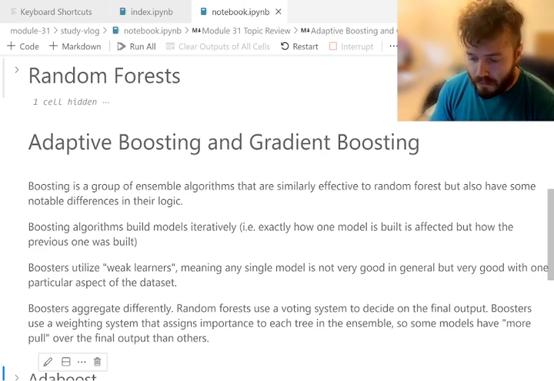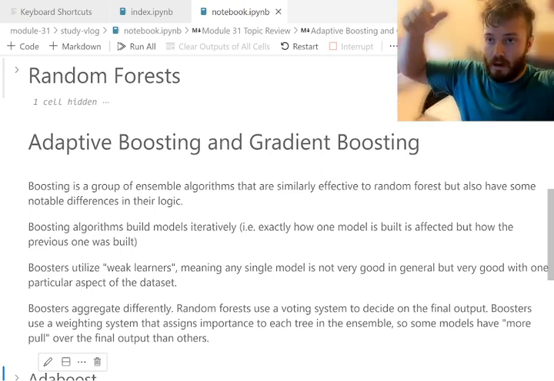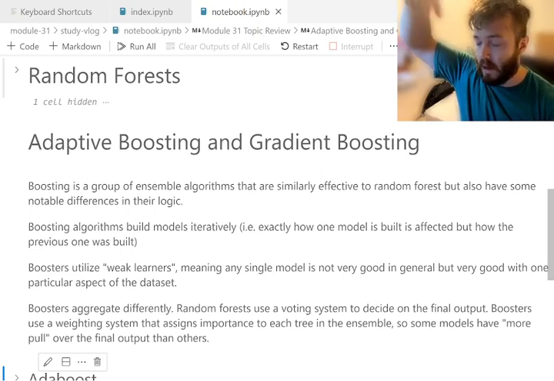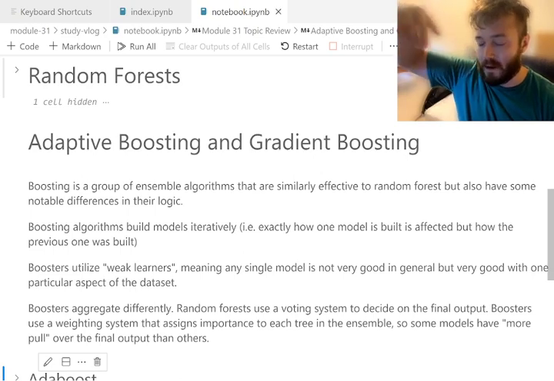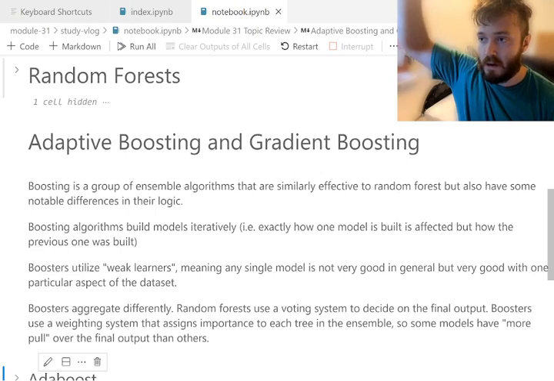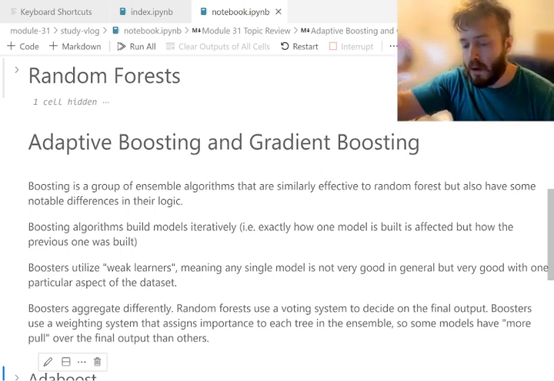under the hood. So one thing is that they build models iteratively. In a random forest, say you have 10 different decision trees, all those trees are being built in parallel at the same time, and what happens in one tree is not affected at all by what happens in the other tree. The only thing affecting what happens in that tree is exactly which data is sampled and passed into that tree, right?